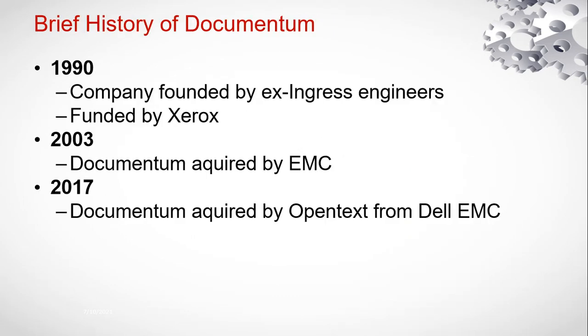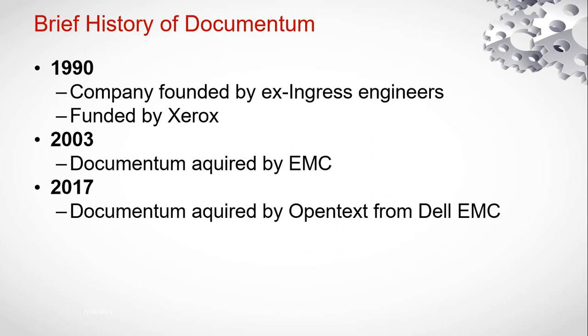Let's start with the Documentum history. Documentum was a company founded in 1990 by a few ex-company engineers, and their intention was to develop a software that would manage unstructured data. Till that time, a lot of RDBMS databases were available in the market managing structured data, and to manage unstructured data, these people started their own company called Documentum.